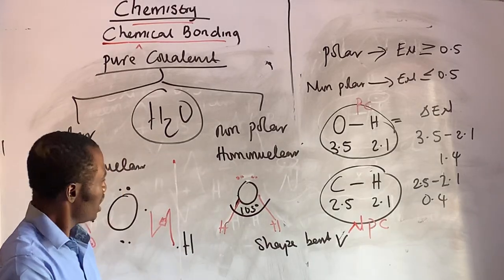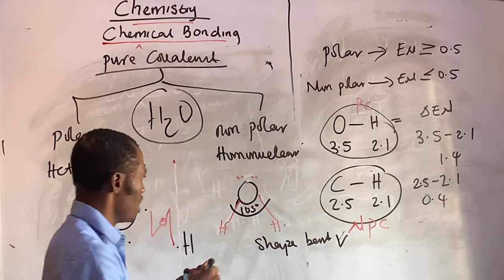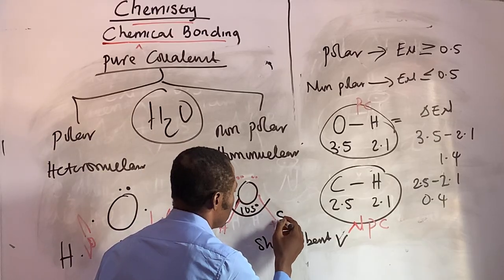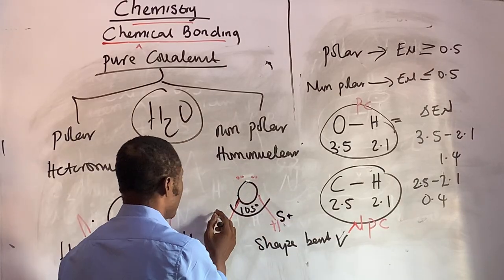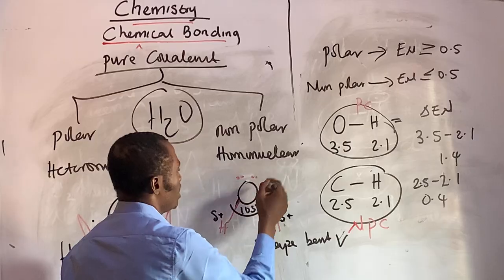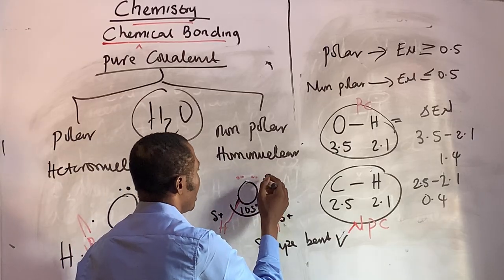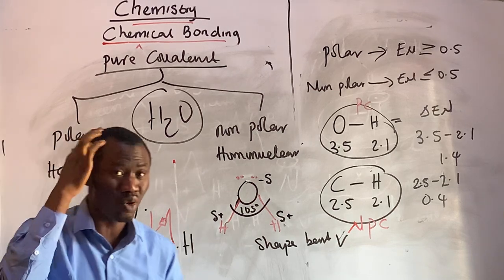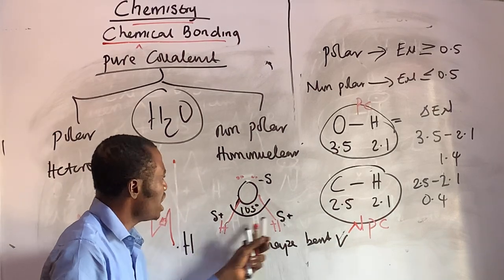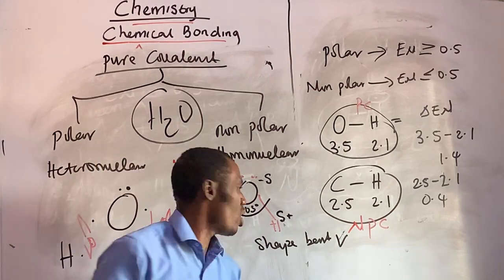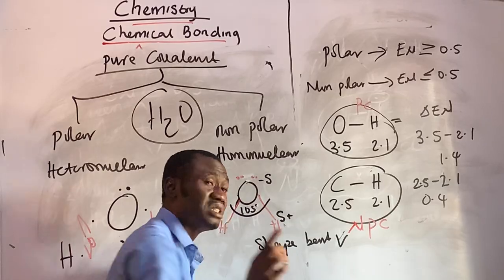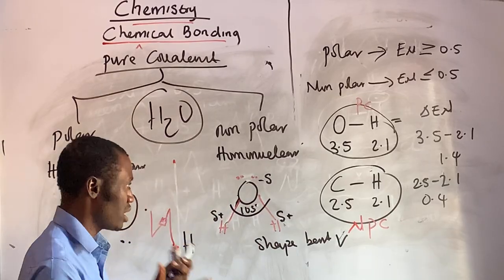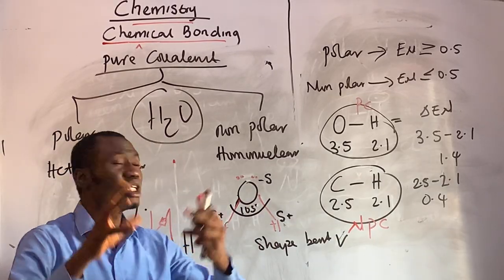Now, the hydrogen will be partially positive. The oxygen will be partially negative. All right. So this is polar. Why it is polar is that the electron is not equally shared. Okay, take note. The electron is not equally shared.